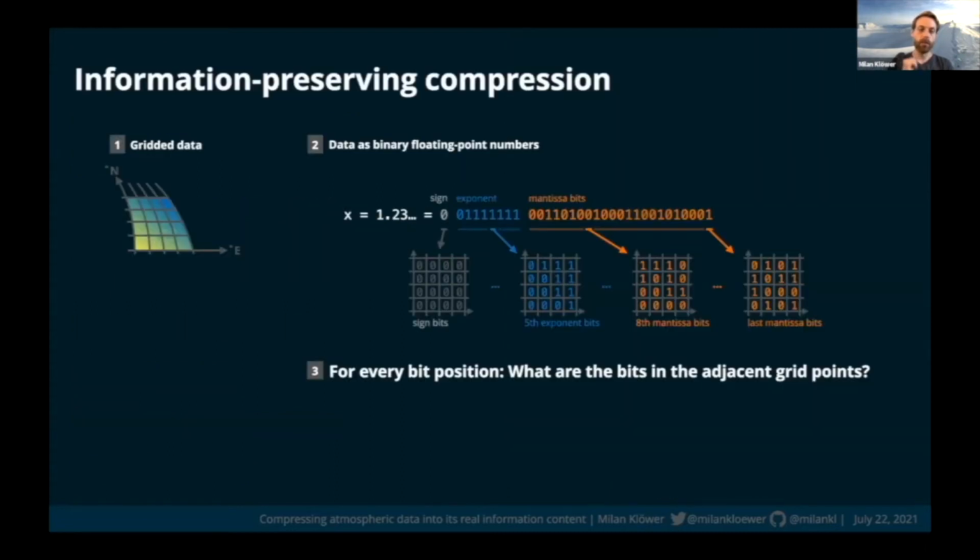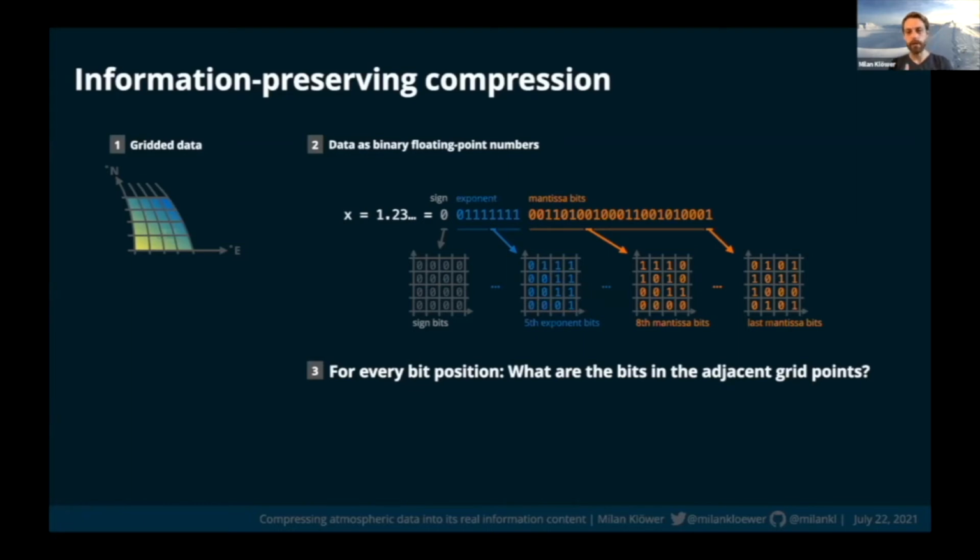So what we mean when we talk about information preserving compression: first, you have some kind of gridded data. That, for example, could be on a lat-lon grid, or on any other kind of grid. Because all this data is stored in zeros and ones, it is usually stored in floating point numbers.